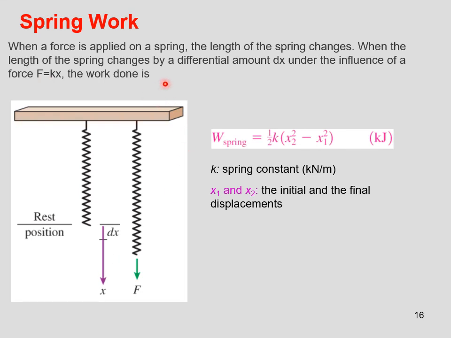If you do that, what you get for the work due to the spring is 1/2 k, where k is the spring constant, the stiffness of the spring, times x2 squared minus x1 squared, where x1 and x2 are the initial and final displacements of the spring.